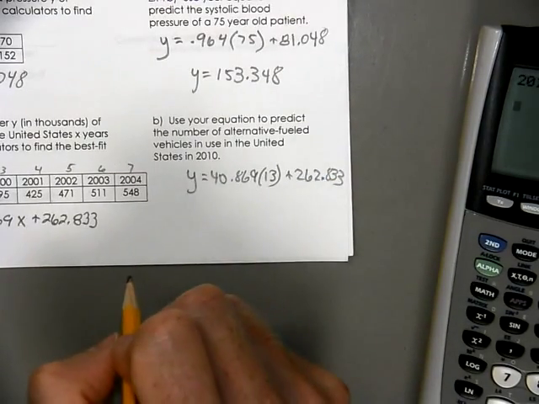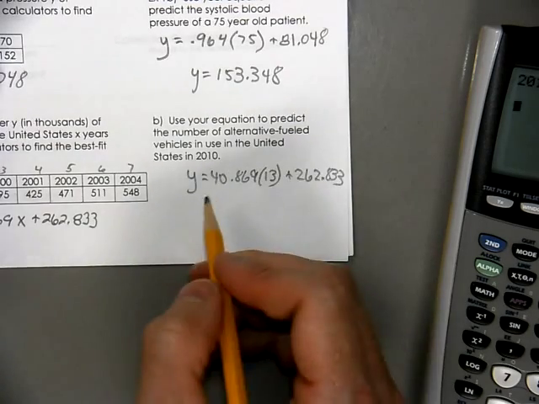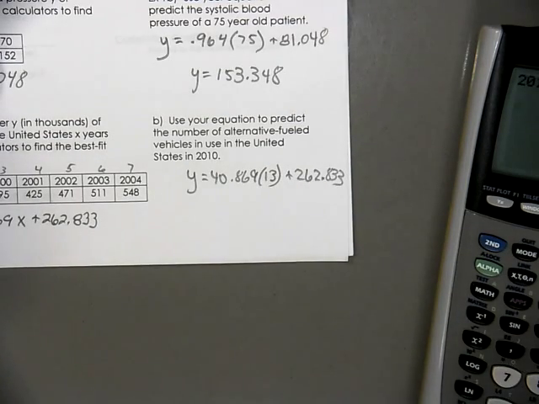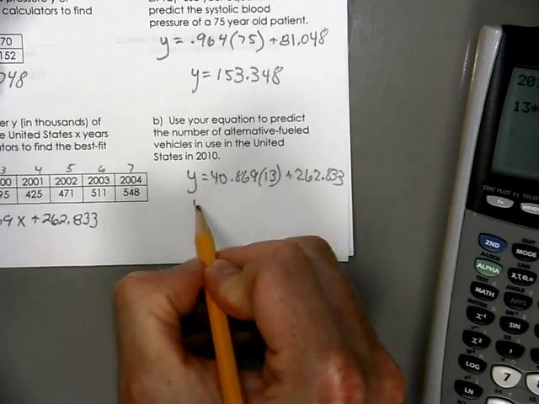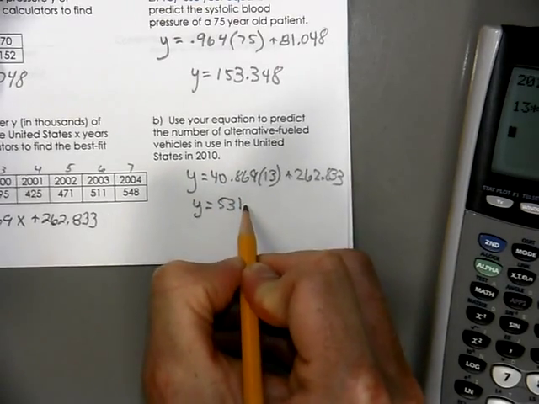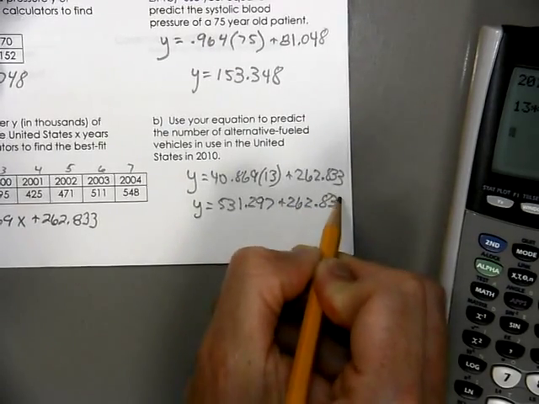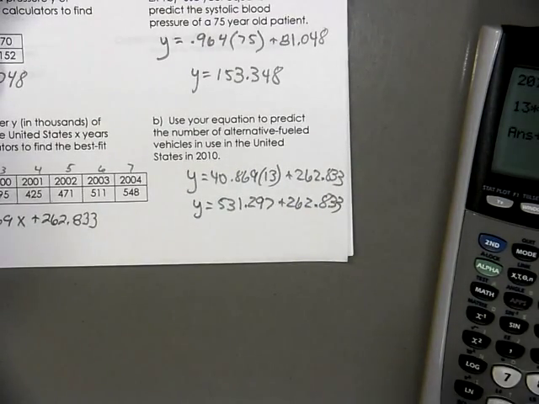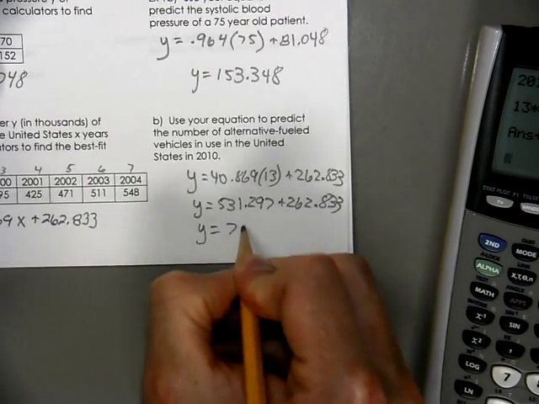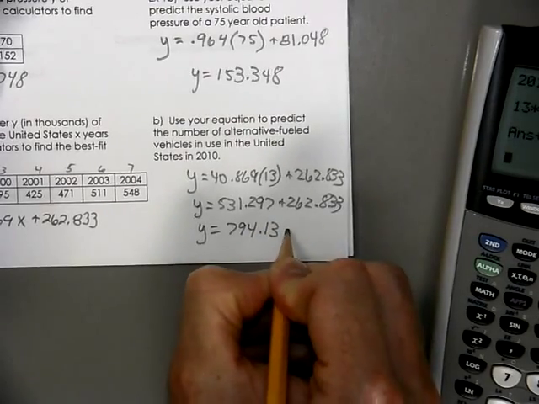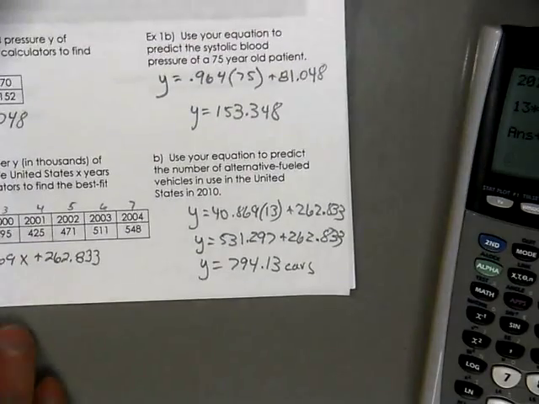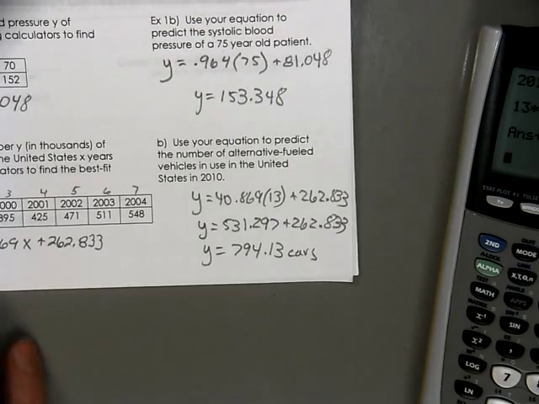With the y-intercept of about 262. 13 times the 40.869. And we're going to add the 262.833. So those are the number of cars, number of vehicles.